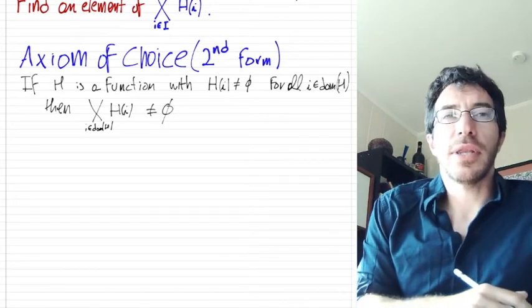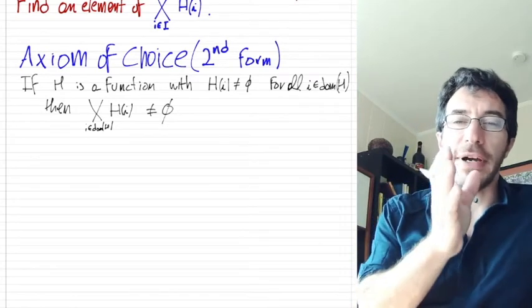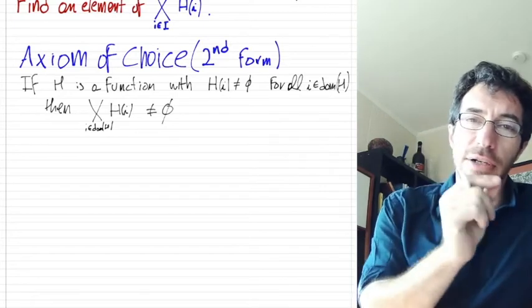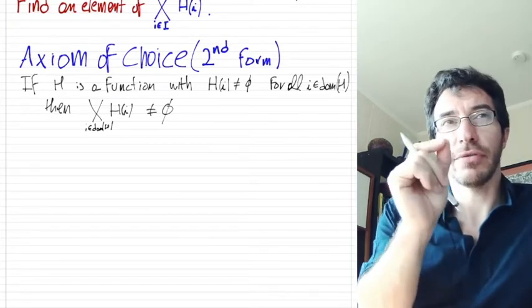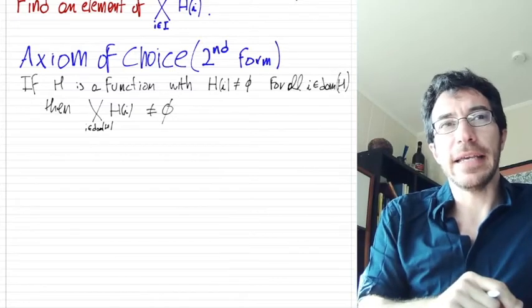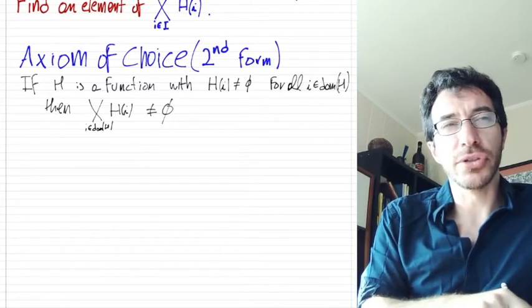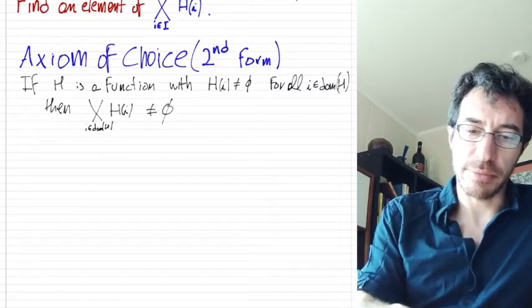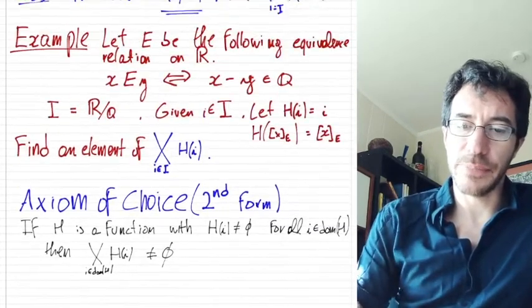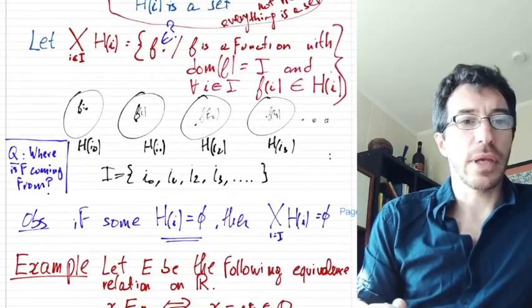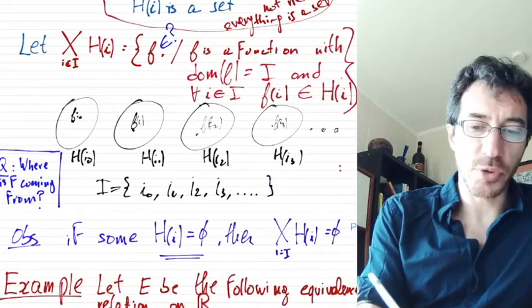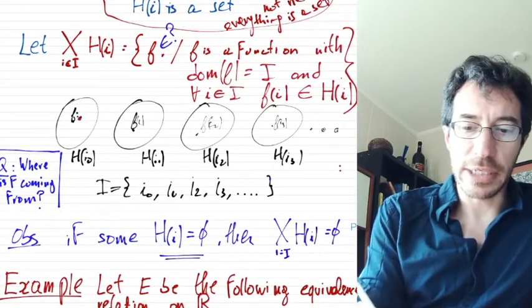So far with the subset axiom, we can only define elements if we have a formula that tells us how to define the set. We can only define sets with a first order formula, and the elements of this Cartesian product are sometimes hard to define because we don't have a formula to choose from them, right? In the picture up here, we want to define an element of the Cartesian product, so we need to choose an element from here, an element from here.